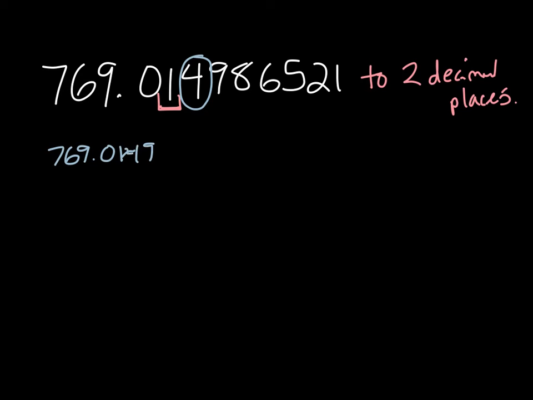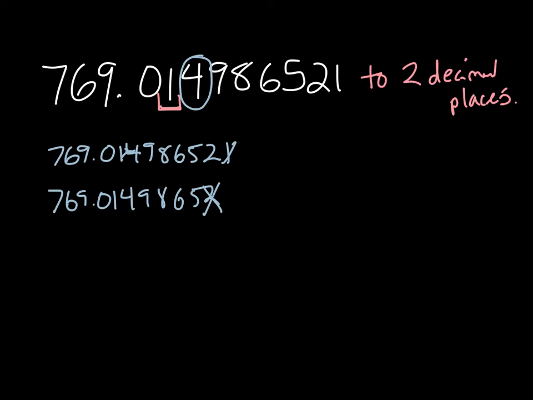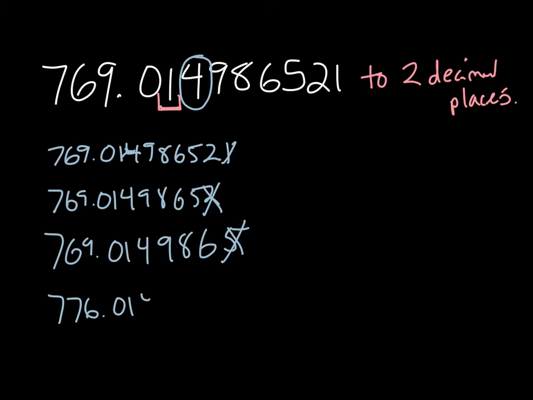They take 769.0149865521 and they say, okay, well, the 1 doesn't make the 2 go up, so that's 769.01498652. The 2 doesn't make the 5 go up, so that's 769.0149865. The 5 makes the 6 go up, so that's 769.014987.